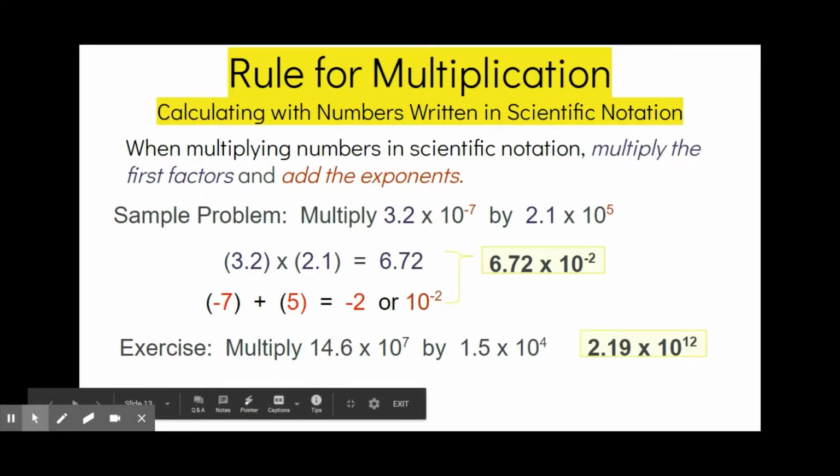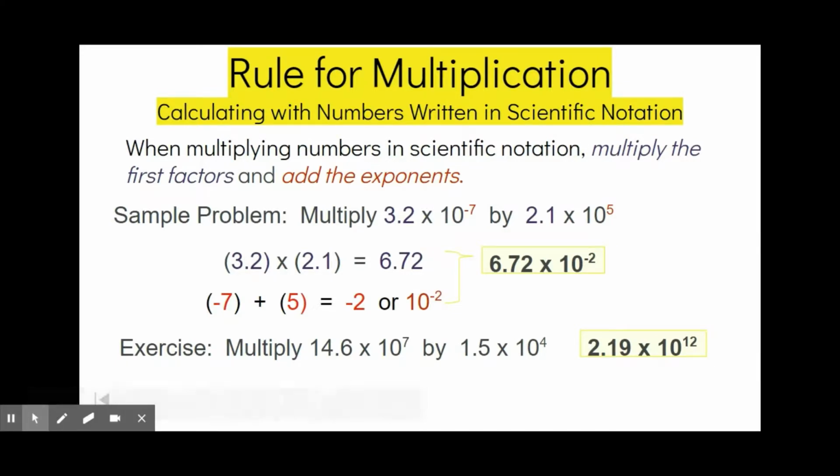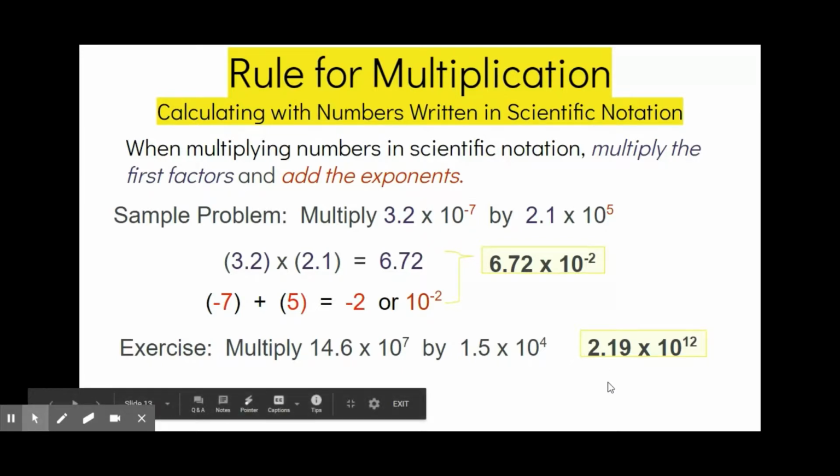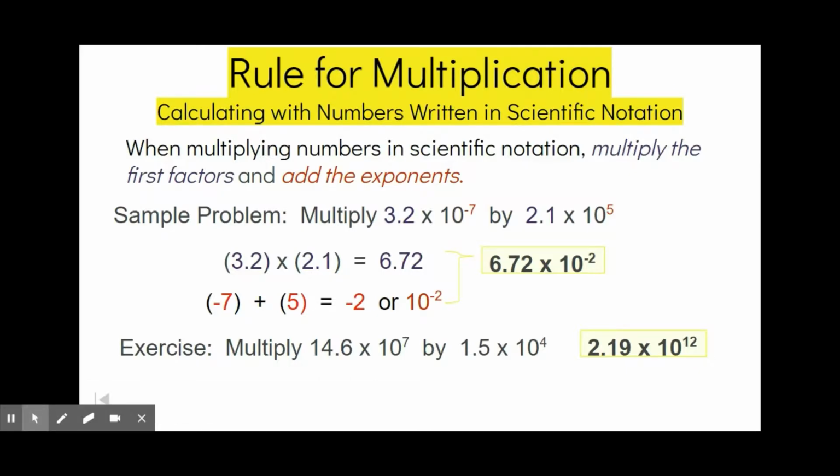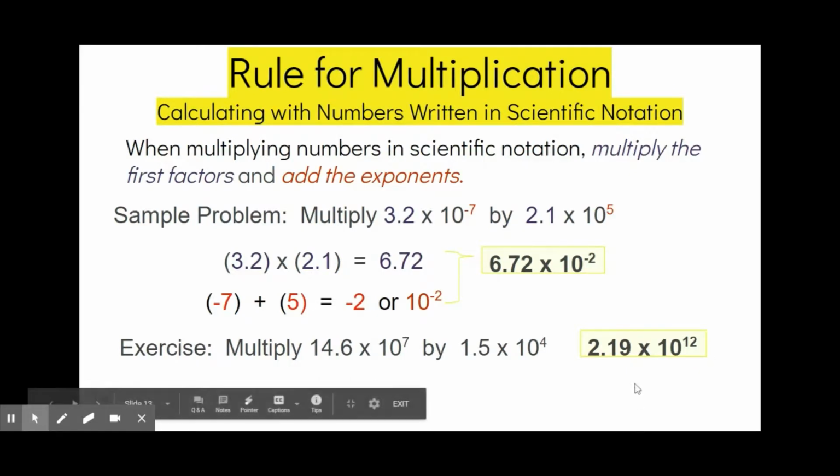Alrighty. What you should come up with is 2.19 times 10 to the 12th power. You could also have written this as 21.9 times 10 to the 11th power, and that would also be acceptable.